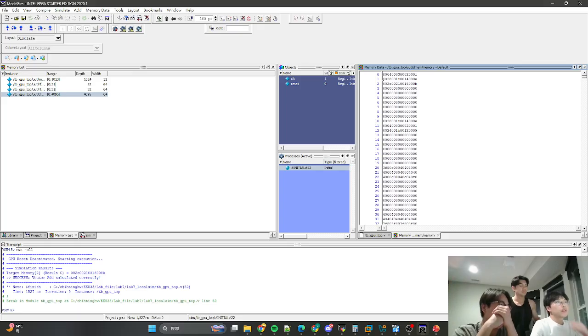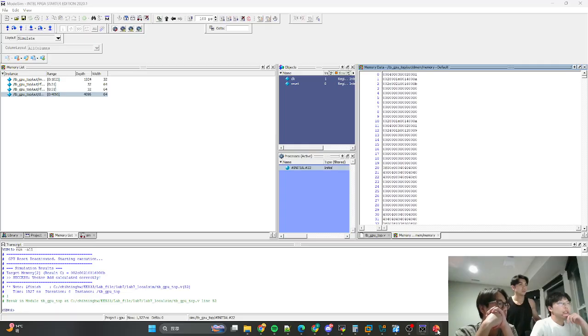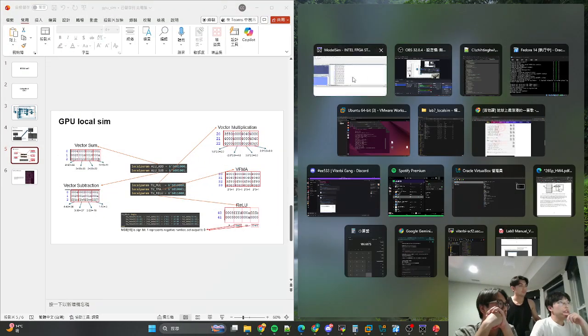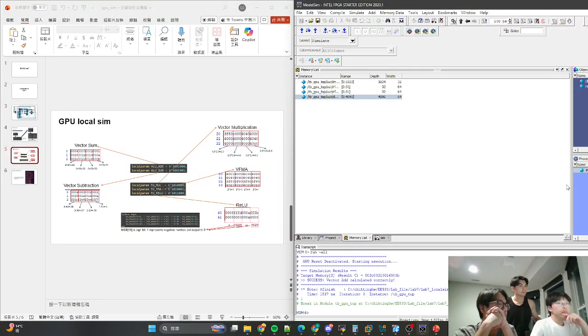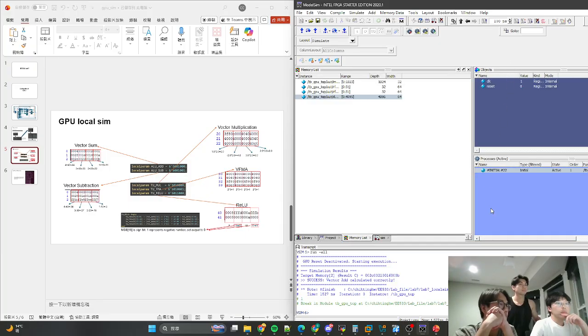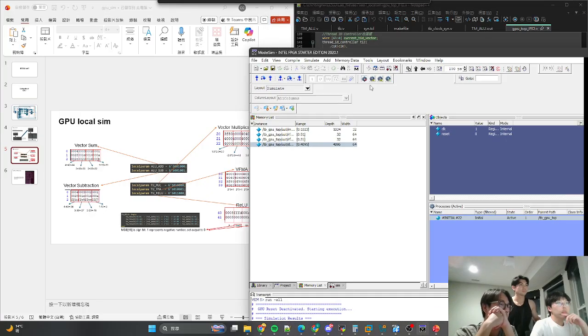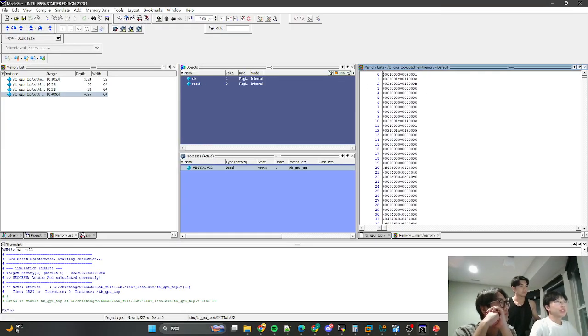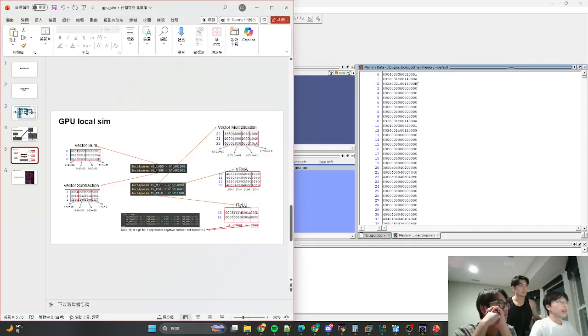Here, for our data memory, these three are the result of our normal add instruction, done by our normal ALU.